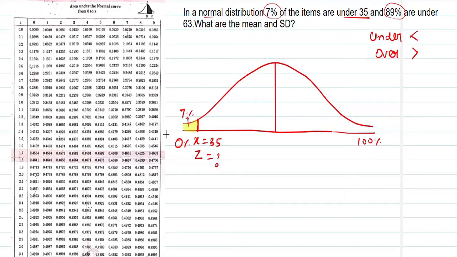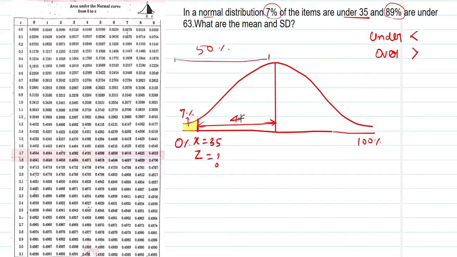Now we know that entirely it is 100, so this half is going to be 50%. Out of the 50%, 7% of the data has gone over here. So what will be the left out portion from the center line to this end point of 7%? How much does this contribute?